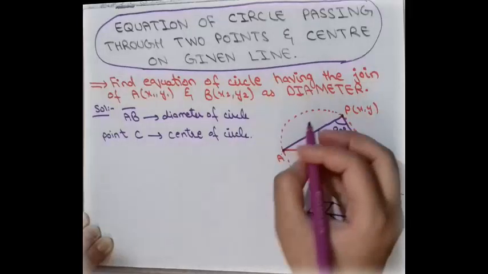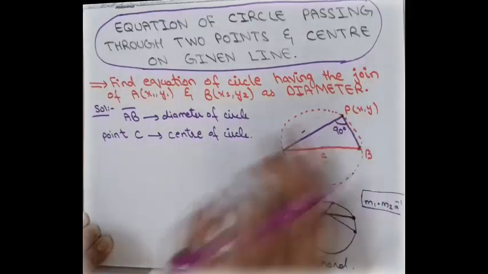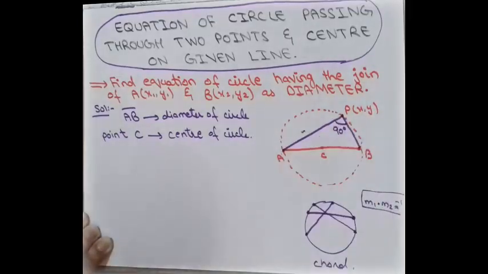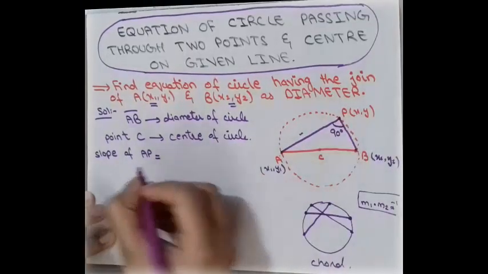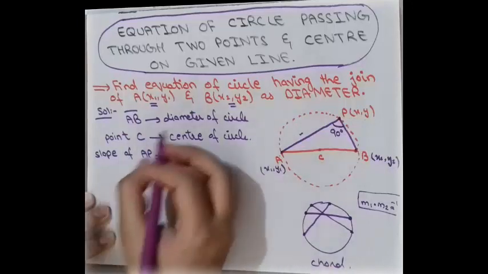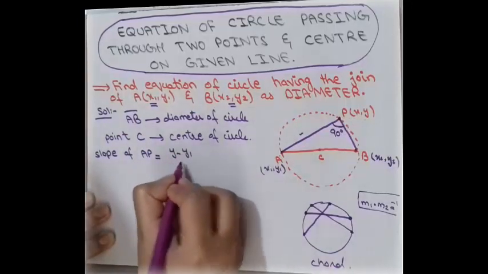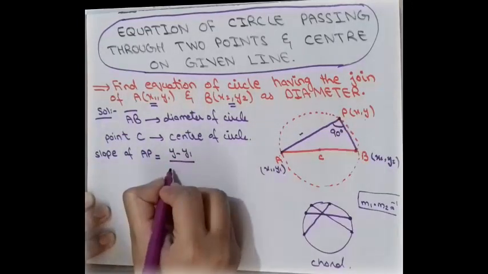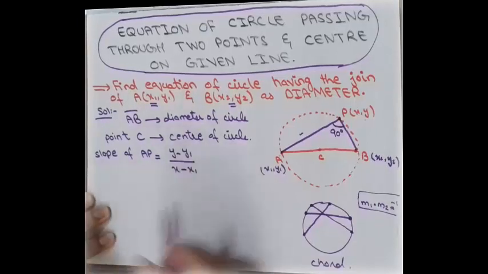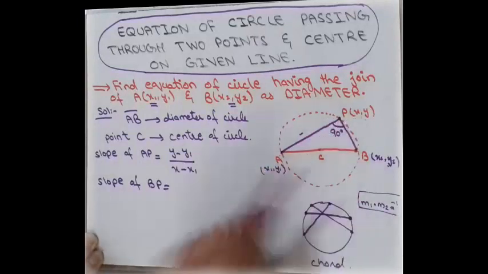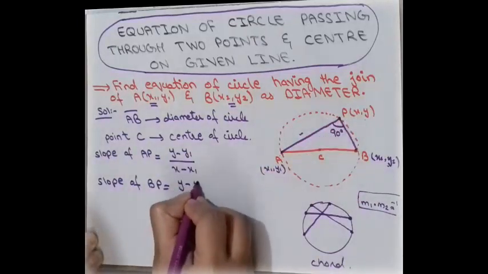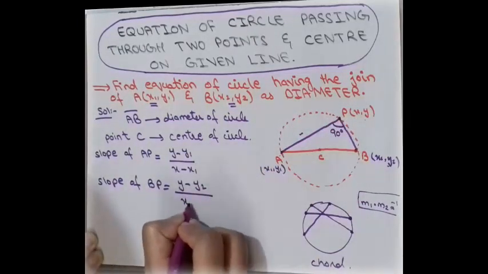Here we use the slope of the line AP, and we need to find the slope of BP. Using the slope formula, the slope of AP is y minus y1 divided by x minus x1, and in a similar way the slope of BP is y minus y2 divided by x minus x2.